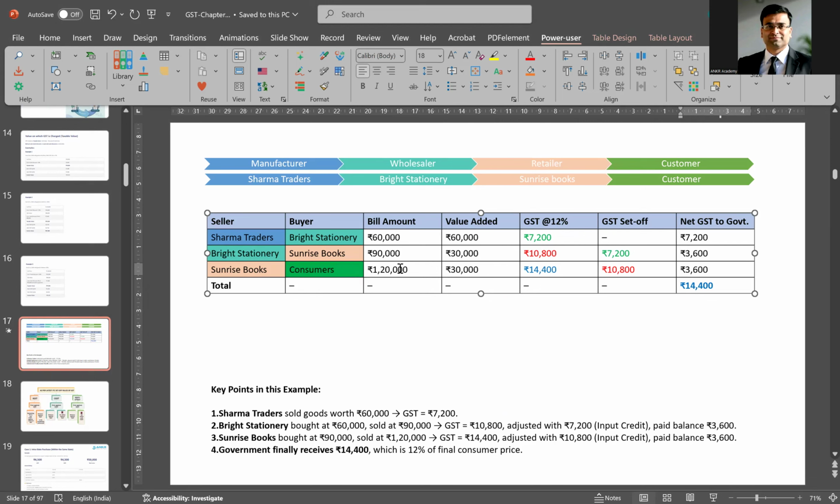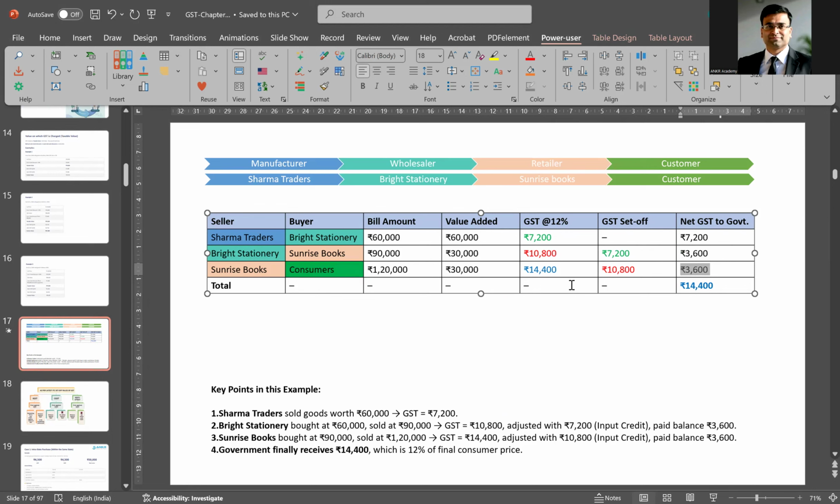Similarly, Sunrise Books, when it is selling to the customer, the total GST is 14,400, but the GST which he has paid to Bright Stationery in the previous step is 10,800, which will come as an ITC credit to him, and the net payment made by Sunrise Books is 3,600 rupees, right?